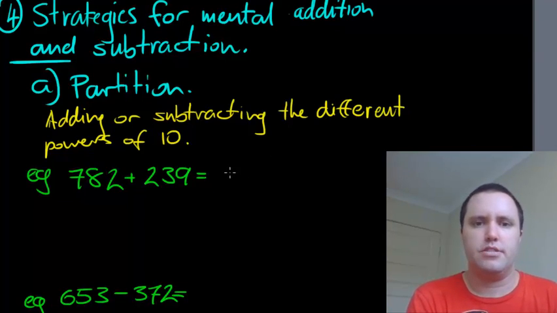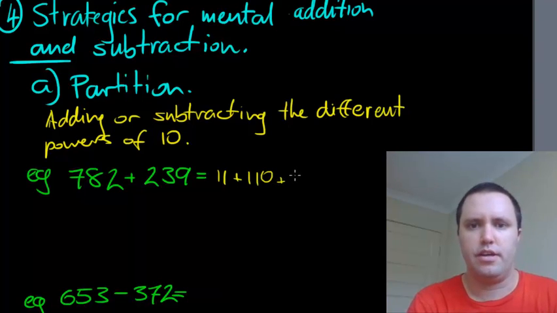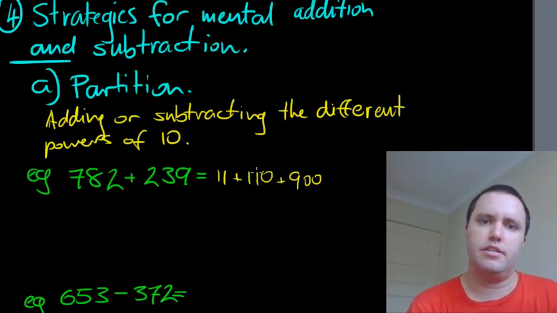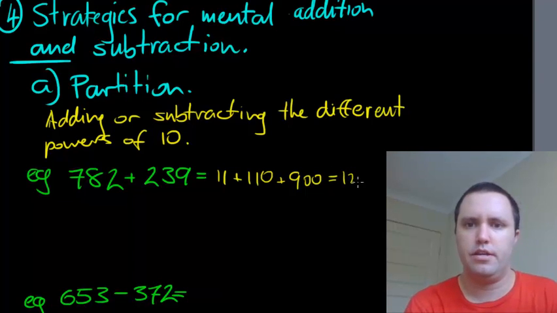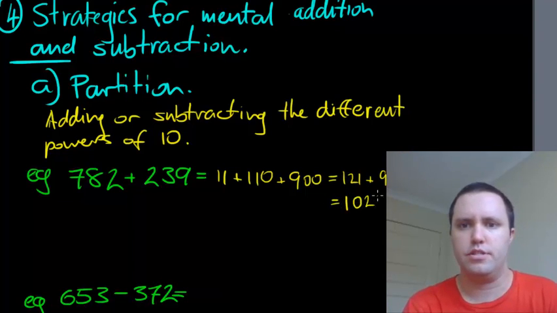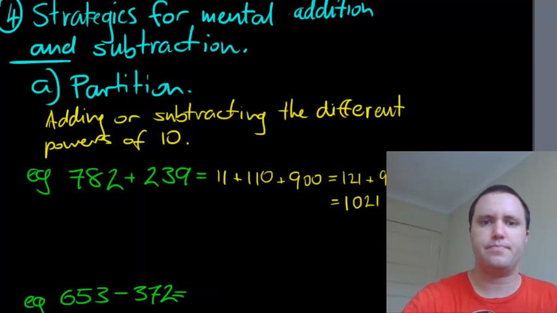So 2 plus 9 is 11, plus 8 plus 3 is also 11, that's 110 now, and 7 plus 2, 700 plus 200 is 900. Okay, so now we've got 110 plus 11 equals 121 plus 900. And so that is 1021. Yay, same as before.